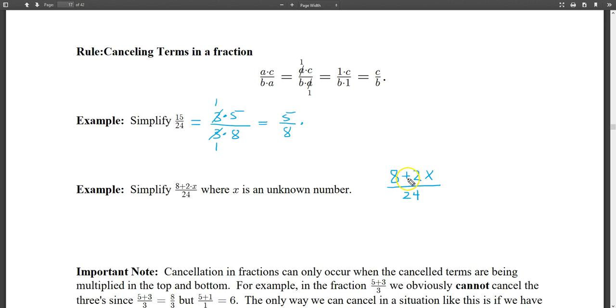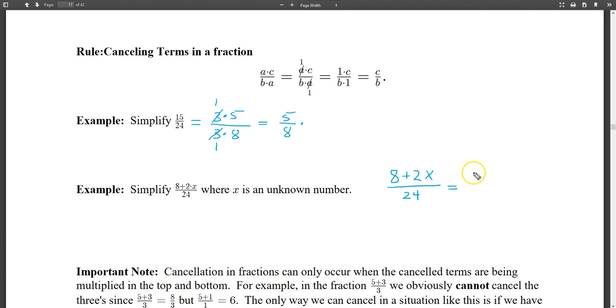Since you have addition here, if you're going to cancel something in the 24 with something in the numerator, you have to cancel it with both terms in the numerator. So let's notice that we have a 2 in this term and a 2 in the 8. 8 is 2 times 4. And the 24 is 2 times 12.